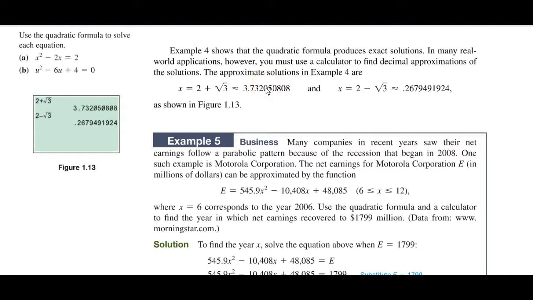If it were a 5, we'd add 1 to the 2 in rounding off to 3 decimal places. Here we have 1, 2, 3, 4. So the 4th place is a 9. So you would drop this and add 1 to the 7.